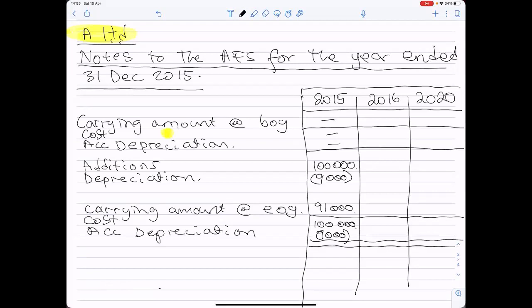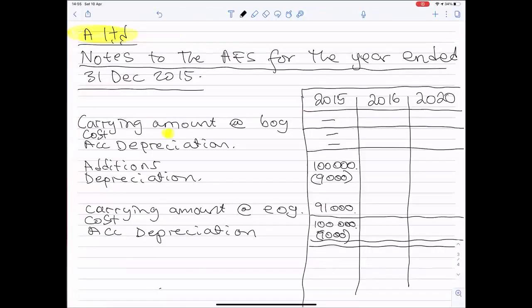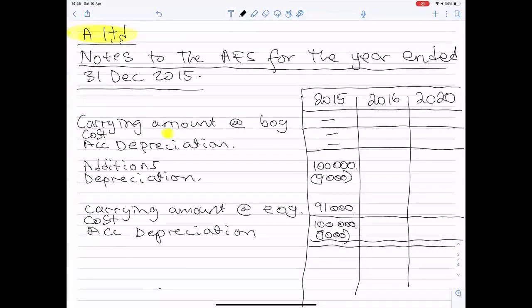Put your mic on if you don't have noise. All right, so you are going to have your 91,000. When we come to the year 2016, 2016 is going to take its balances from the previous year, which is year 2015. So the opening balance for every year is the closing balance of the previous year. That is the reason why we did not put our addition of 100,000, because the 100,000 is an asset that was bought in the current year.